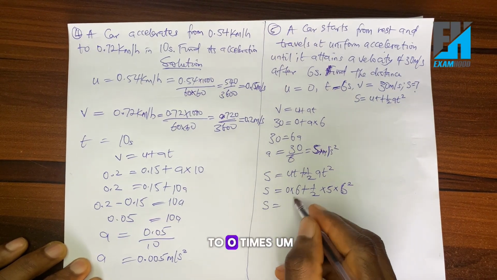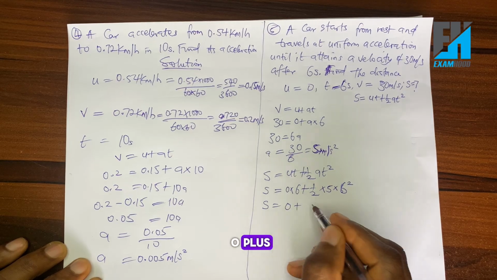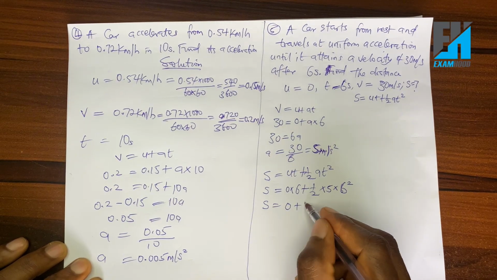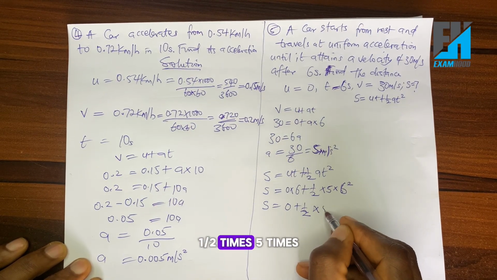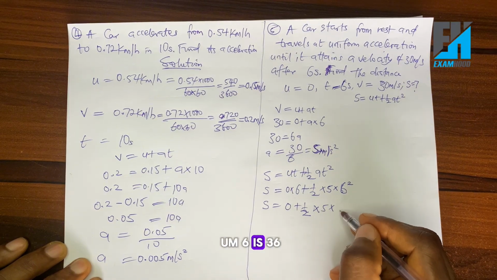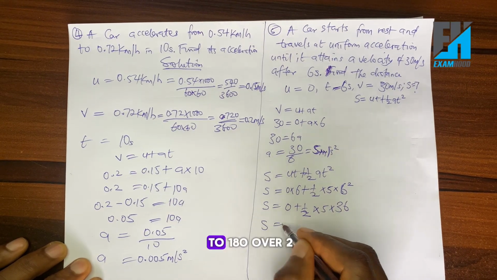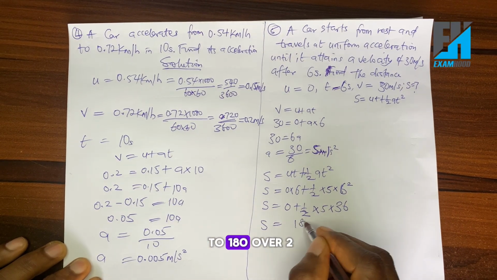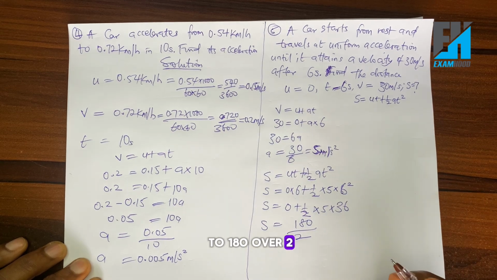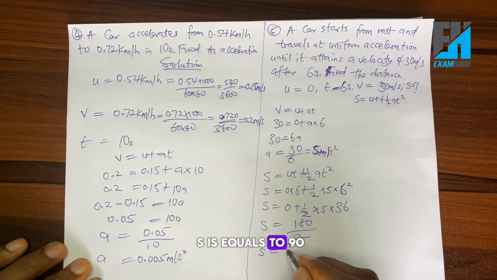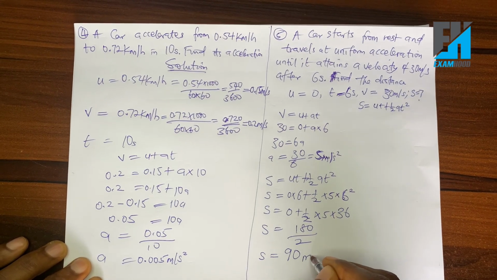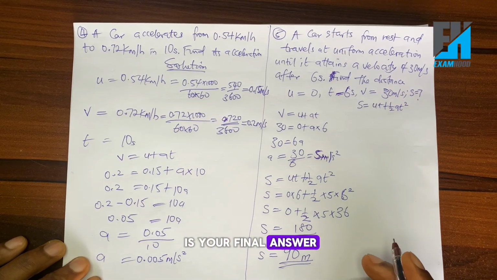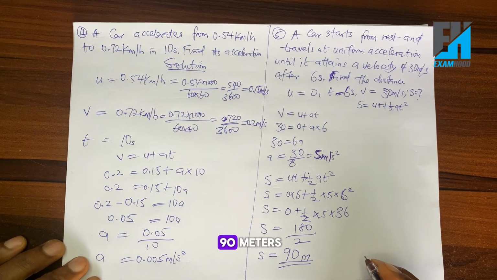So S equals 0 times 6 will give you 0 plus half times 5 times 6 squared is 36. So S is equal to 180 over 2. S is equal to 90 meters. So this is your final answer.